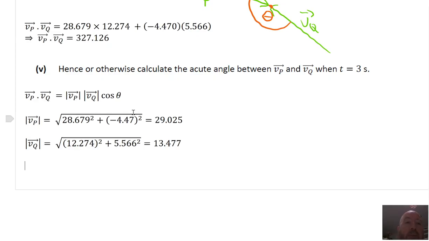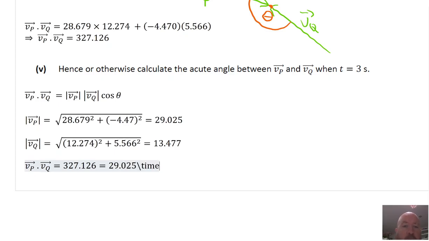So we have VP.VQ, which is 327.126. But that also equals 29.025 times 13.477 times cos theta, cos of the angle between them.